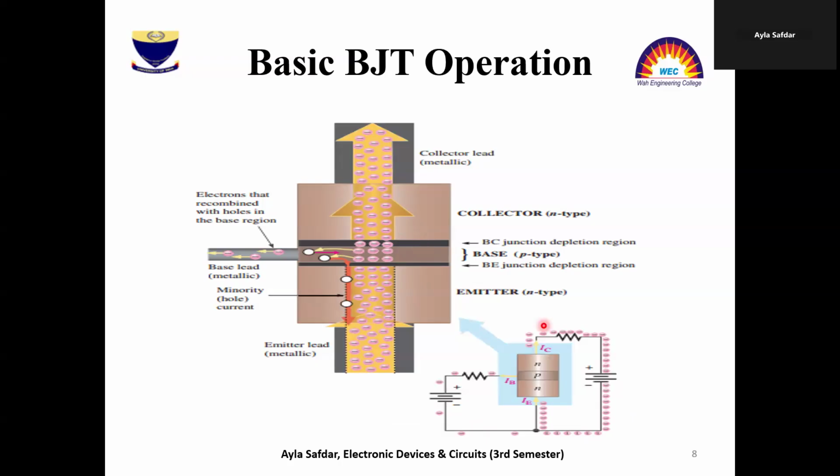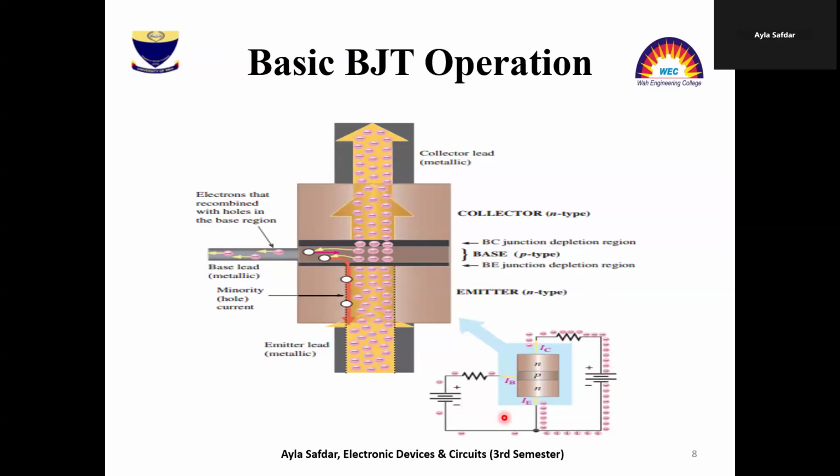The answer is that here we have a large positive voltage, and this voltage source attracts the electrons towards itself. So the electrons will pass the reverse-biased junction and be received by this voltage polarity.